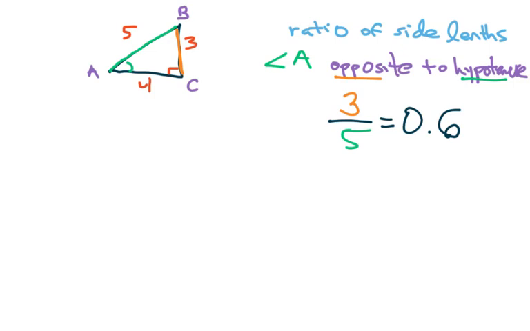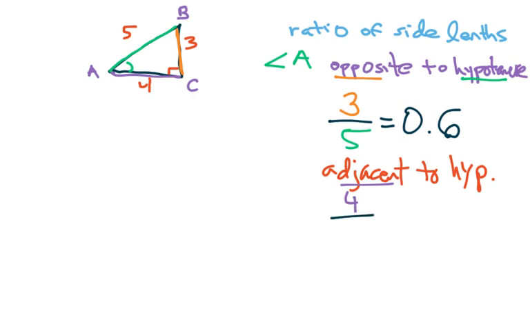All right, let's do some more. Let's go from our adjacent to our hypotenuse. Again, focused on angle A, the adjacent would have to be this one, right? That would be the side length of 4, so I will put that down as a 4. My hypotenuse has not changed. It's still the 5.